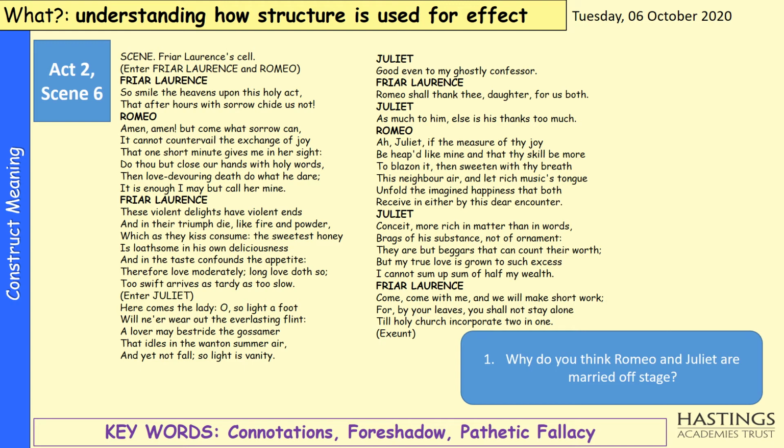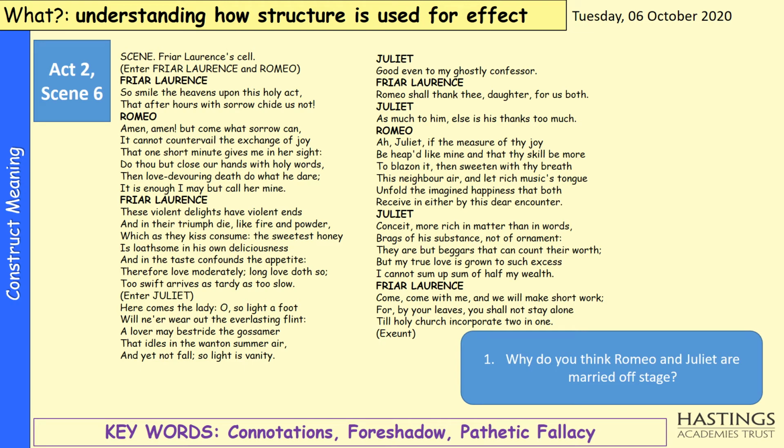And then Juliet enters, so she says, "Good even to my ghostly confessor. Romeo shall thank thee, daughter, for us both. As much to him, else is his thanks too much. Ah, Juliet, if the measure of thy joy be heaped like mine, and that thy skill be more to blazon it, then sweeten with thy breath this neighbour air, and let rich music's tongue unfold the imagined happiness that both receive in either by this dear encounter.